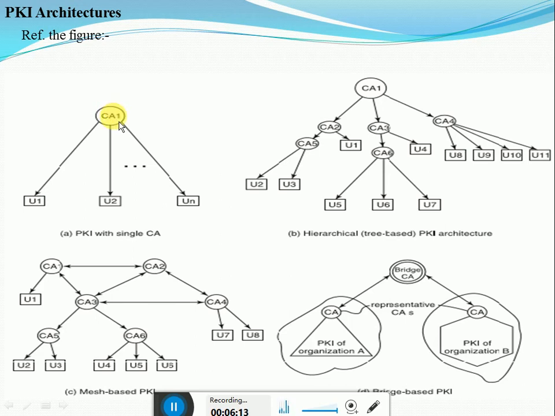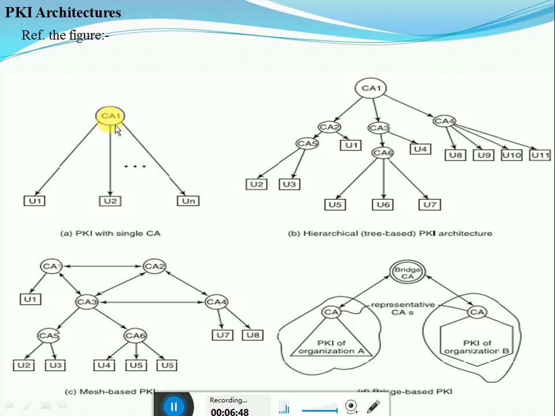The certifying authority is the one who is responsible for issuing certificates to the users, and using those certificates the users in turn communicate with each other in a secured manner. This type of architecture, where a single certifying authority is involved, we call a single CA architecture. In this case, one CA is issuing certificates to all its users.